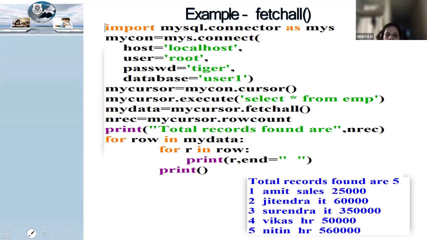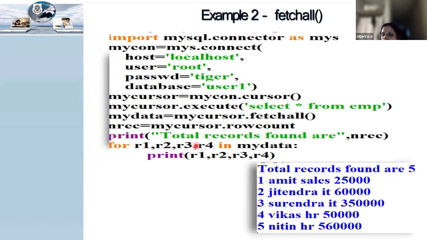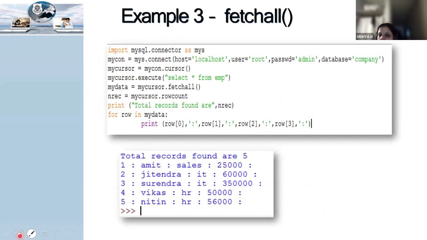In that case, they can use 2 methods. One method is straight away unpacking everything using this, or we can go for saying row of 0, with the column specification, and display. So for a single program, we can ask the question in multiple ways.